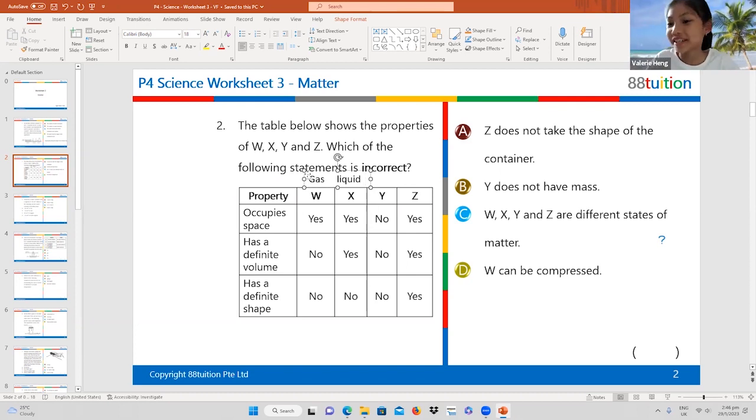Not so sure. Maybe Ariano can tell us, how do you know that X is a liquid? Ariano, are you here?